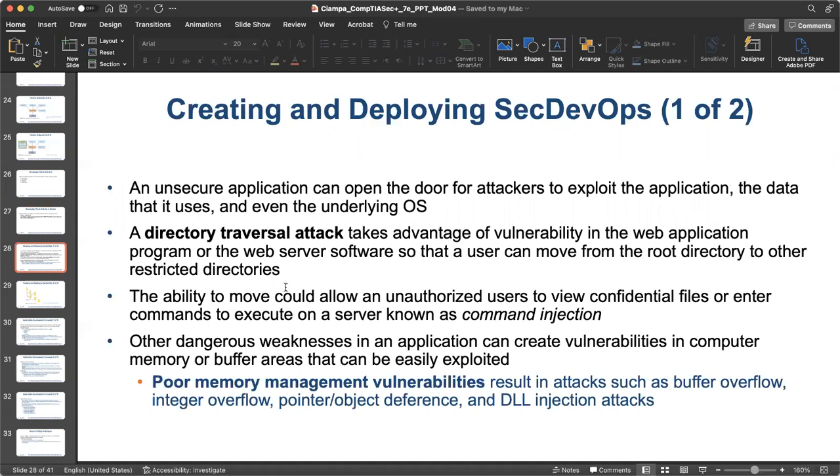So now we want to enter the world of security DevOps, right? Confirming boot integrity, protecting endpoints, and hardening endpoints are all very essential security steps that we have to take to secure an endpoint.